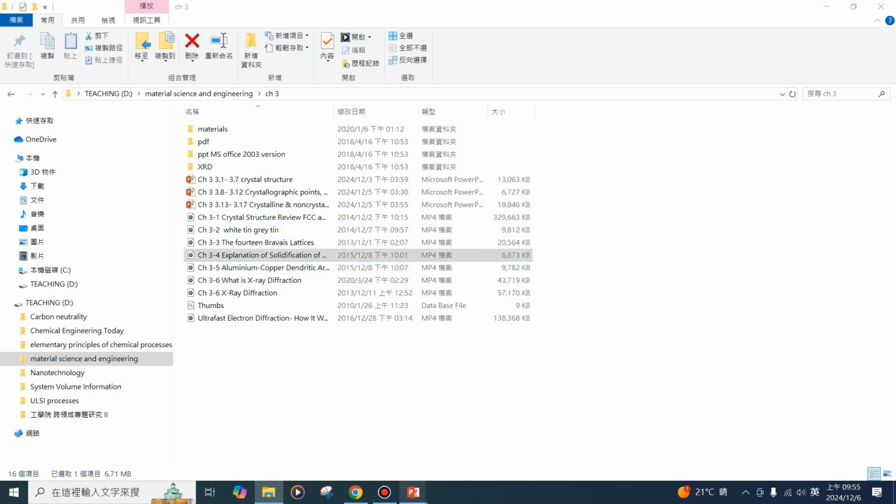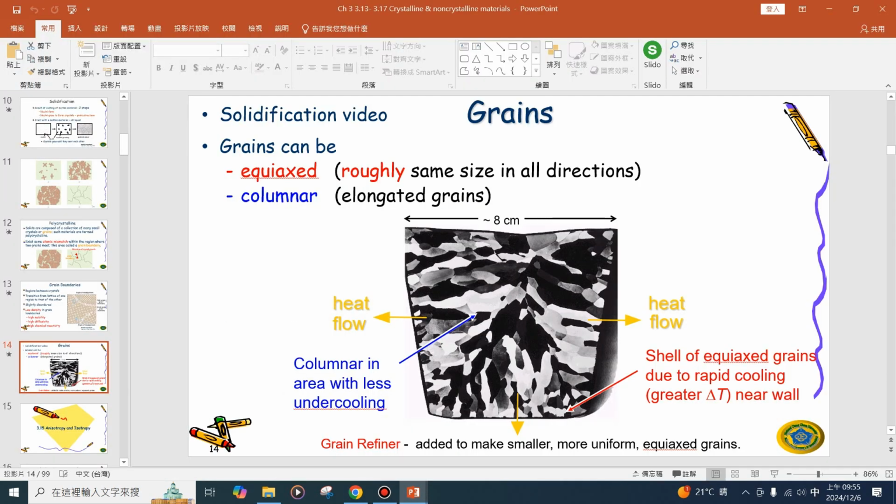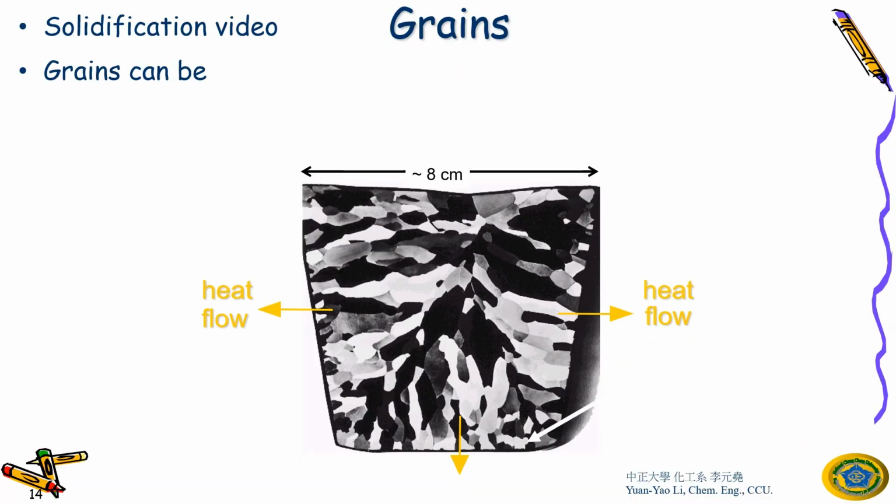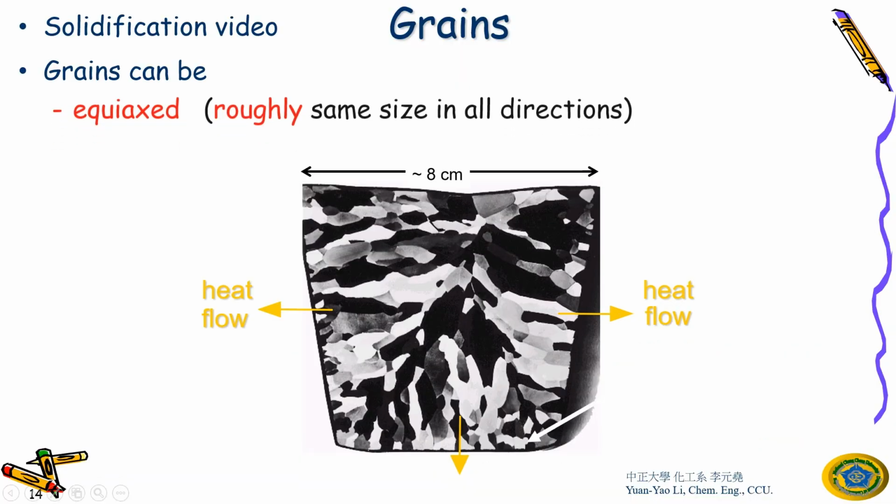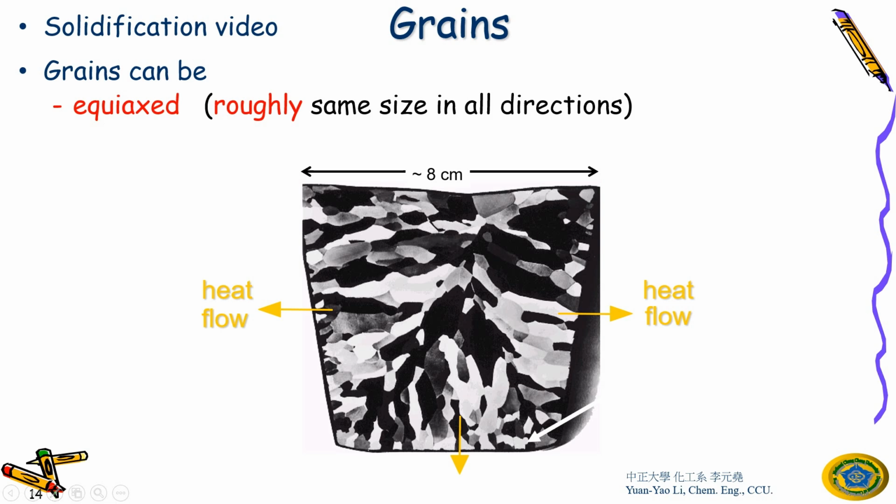So what you can see is that the crystals go in different directions as solidification proceeds and the time gets longer and longer. This part of the crystal is called equiaxed, which is roughly the same size in all directions.